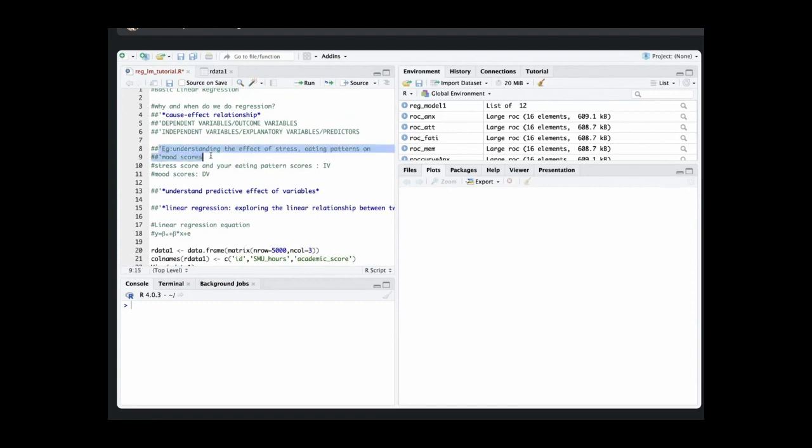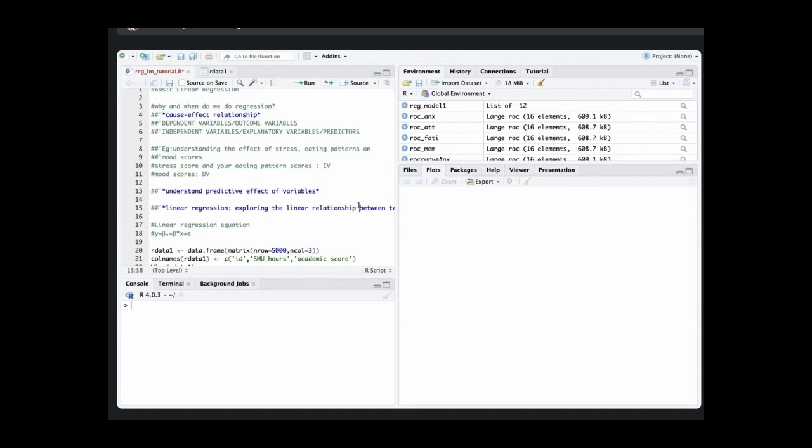So here we were trying to understand the effect of stress and eating patterns on mood scores. So essentially, we have two IVs here, right, and then one DV. So by doing regression, we are essentially trying to understand the predictive effect of each variable and also the combined effect of all the variables together in the form of interaction on the dependent variable, right?